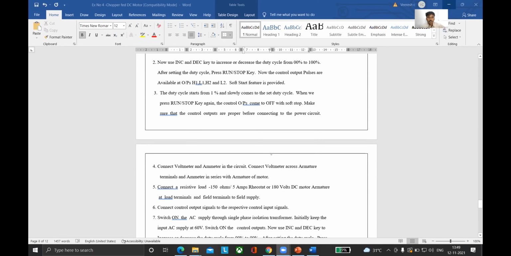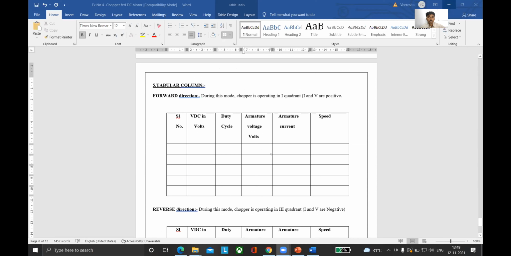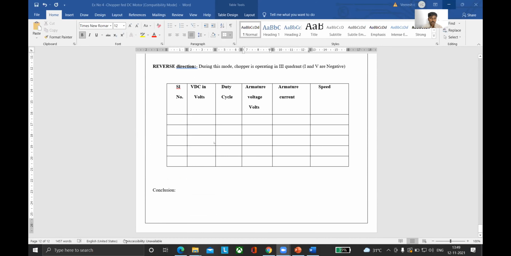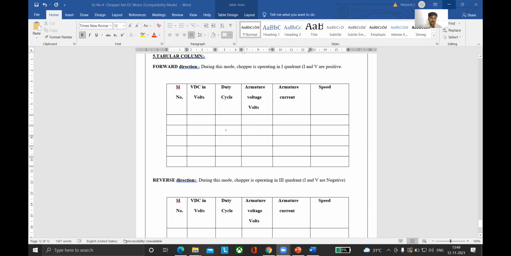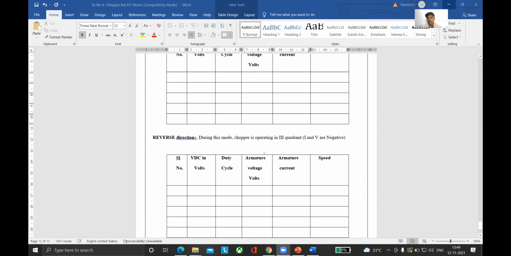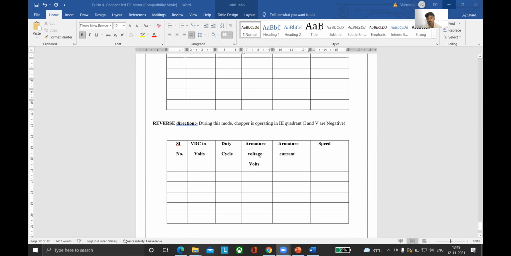So this is the procedure of speed control of DC motor using fourth quadrant chopper. Clear? After noting down the readings, you can observe that if the output voltage is increased, the speed also increases.